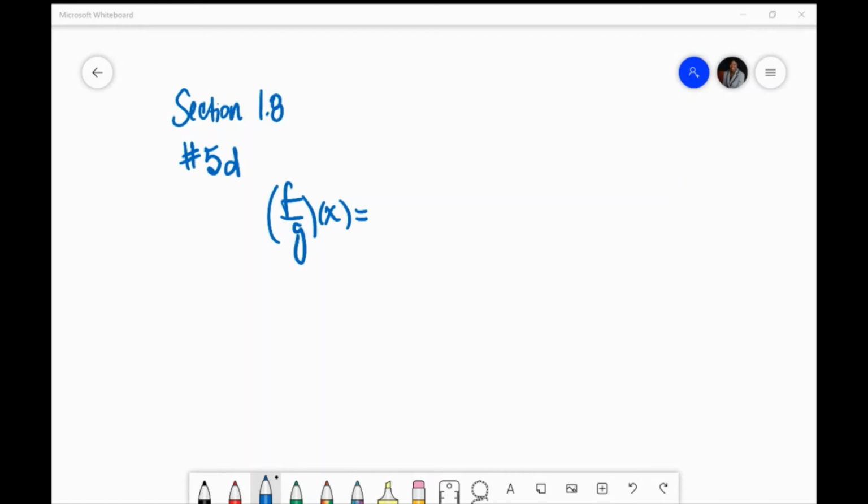But I'm going to show you what the answer is. It's not really the end of the answer. This is how you wrote it in Webwork, but it shouldn't be that way. But this is the same thing as this. It's supposed to be square root of x squared minus 16 over the square root of x plus 4, but that's not the simplest form.